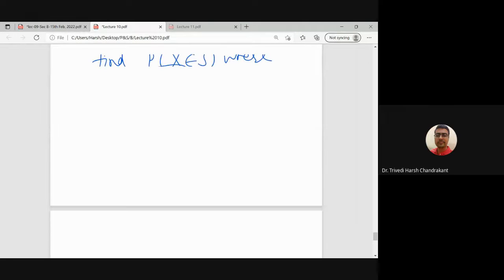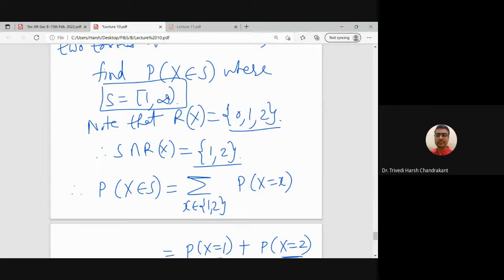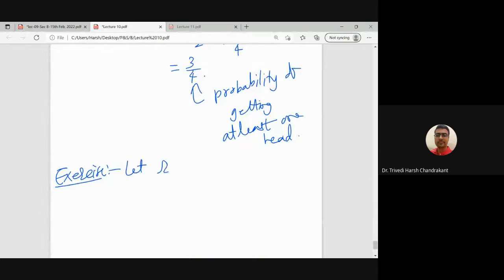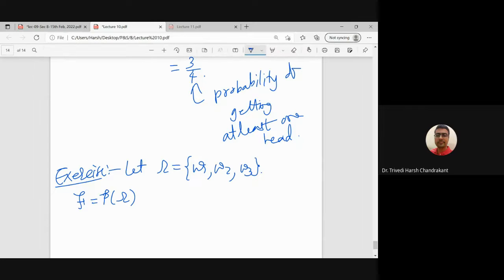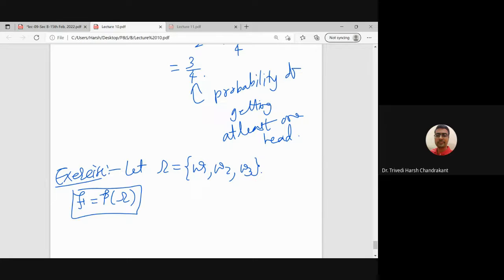So we have a sample space. Let the sample space contain 3 points. So the points are W1, W2, W3, right? We consider the family F to be the power set of omega, right? So this is not a probability function. Just keep in mind that whenever we say F is P of omega, that means we are considering all the subsets of omega. In fact, we don't need to write this every time. We can keep this in mind.